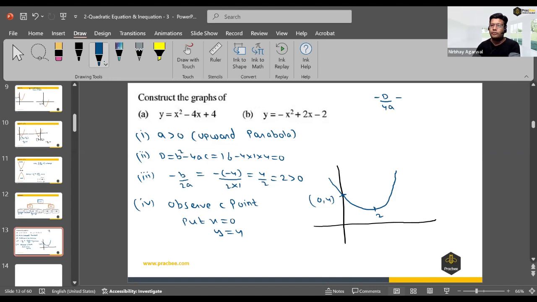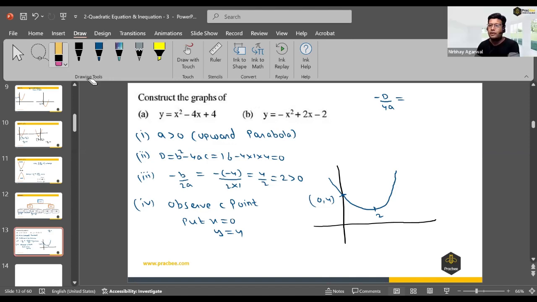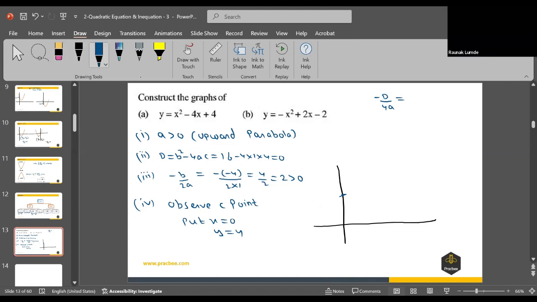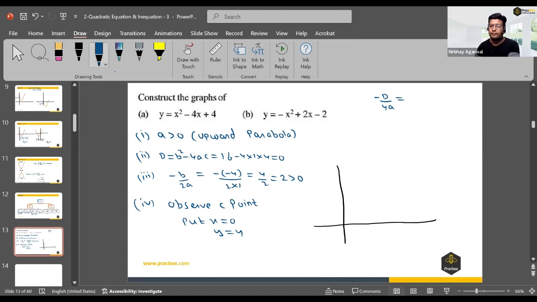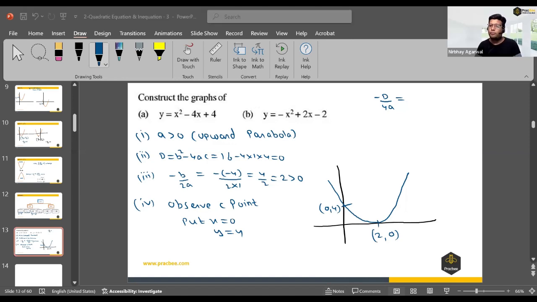Because d is 0, the graph will touch the x-axis. So I will make the graph like this. This is 0, 4. This is 2, 0. So this is the whole idea to draw the graph of a quadratic polynomial.